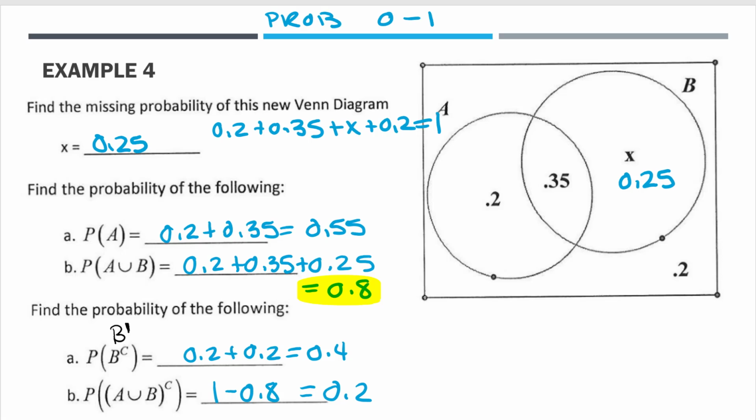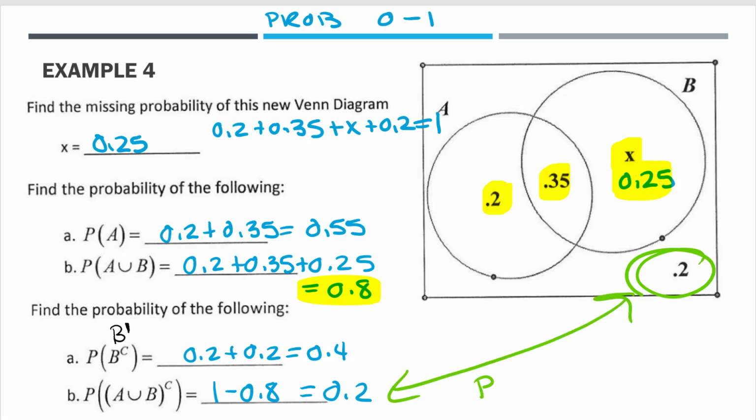If you don't want to do it mathematically like that and you want to look at the actual Venn diagram, the complement to A or B, if I highlight A or B in yellow, the complement would be what's left over, what I just circled in green, so that's 0.2. The one thing to remember is that the probability of an event plus the probability of that event not happening, which is the complement, is equal to 1.